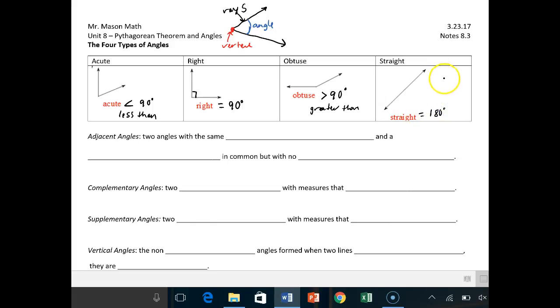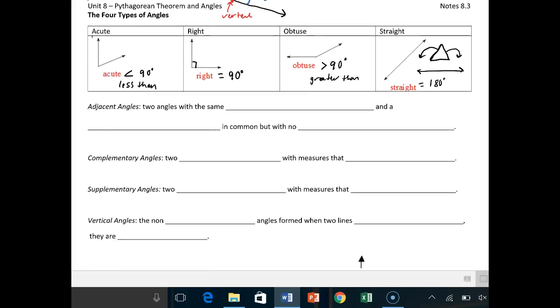Now the reason why a straight line is equal to 180 degrees is because if you take a triangle, remember earlier we discussed how all the angles in a triangle add up to 180 degrees. Well, if you unfold each side of that triangle, you will get a straight line. And so if all the angles inside equal 180, when you unfold it, a straight angle should equal exactly 180 degrees. Okay.